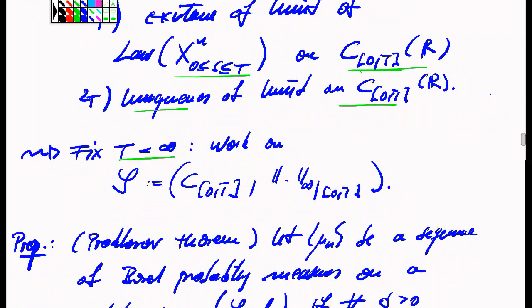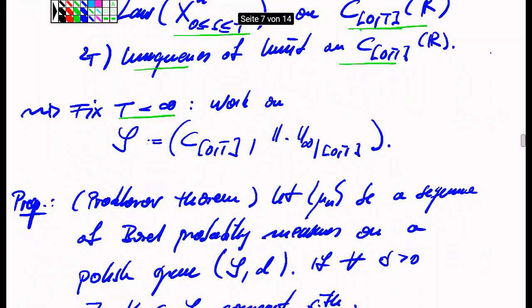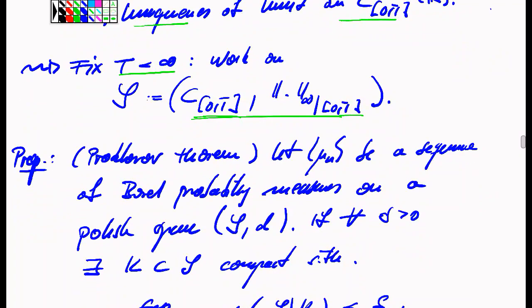Okay, so for that reason we fix a finite maximal time parameter, and we shall work now with the topology of uniform convergence of continuous paths which we put on this collection of continuous paths. So that's now a perfectly fine separable, complete metric space, so it's a Polish space.